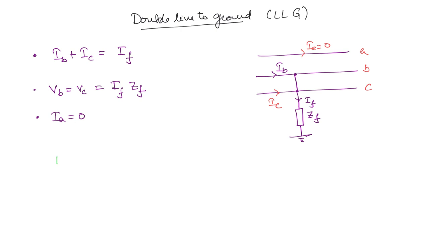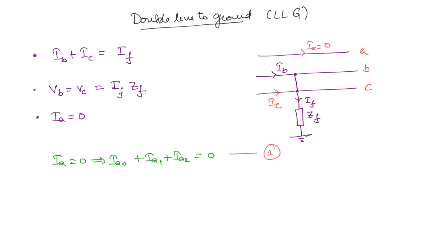Okay, so IA is equal to 0 implies that IA0 plus IA1 plus IA2 will be 0. We have expressed the phasor, this original phasor, in terms of the symmetrical components. Okay, so this is the first relationship that we want. Next, if you consider the next current relation, IB plus IC is IF.